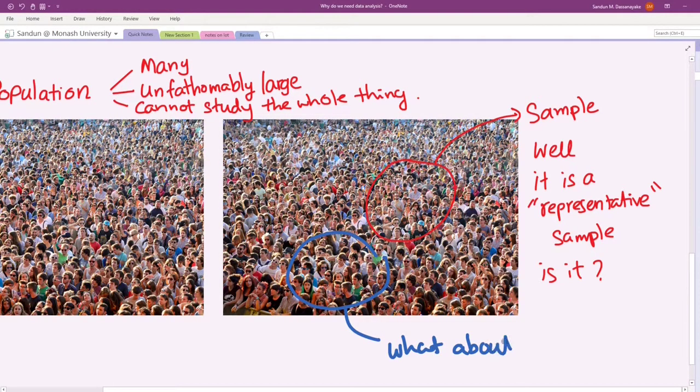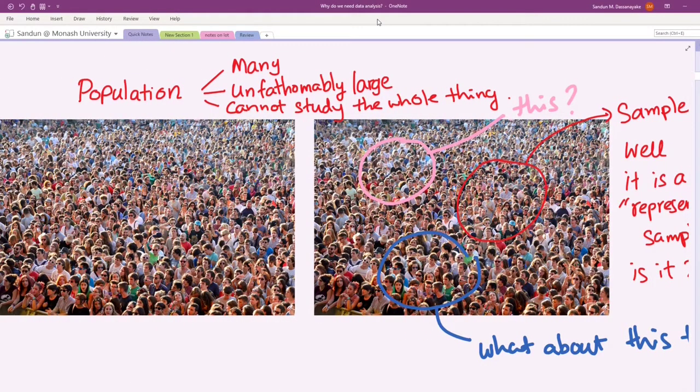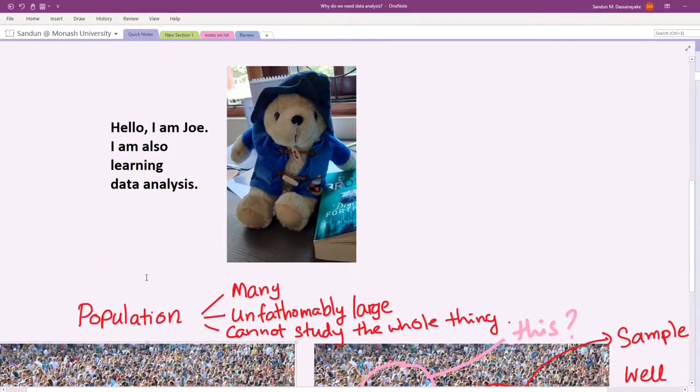What if I take a sample from here? Nobody can argue, and I can also take a sample from somewhere there as well. All these samples are drawn from the population, but I don't know whether these samples are representative enough. This is one of the fundamental questions in statistics, to understand the population and sample.